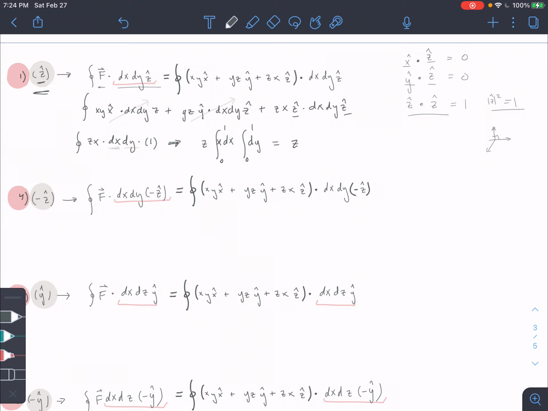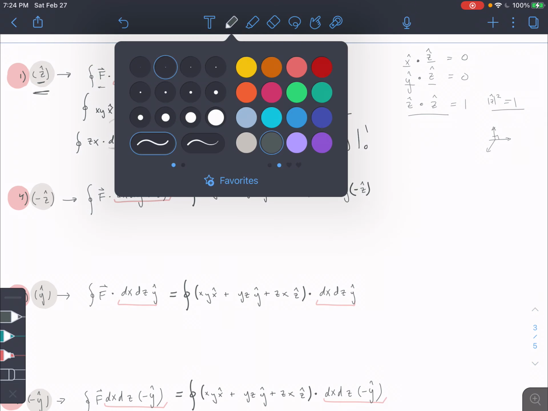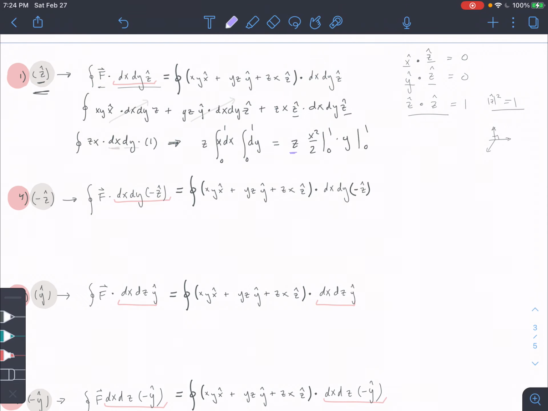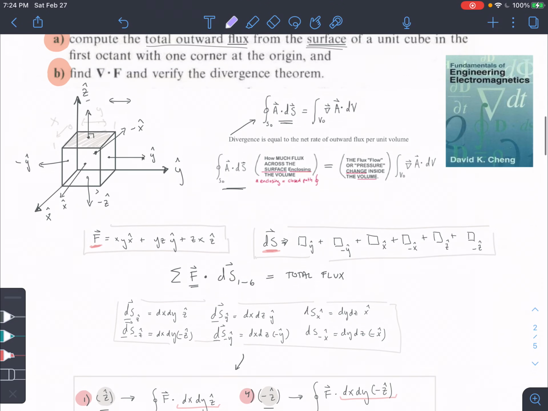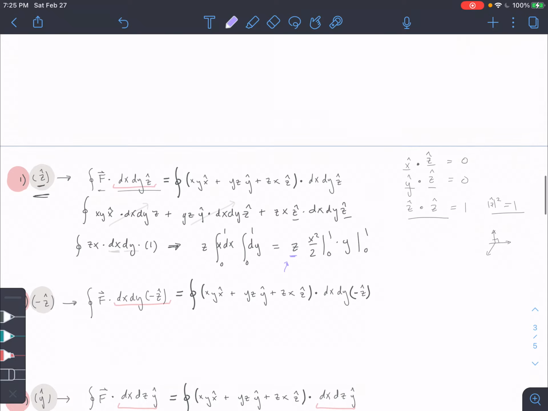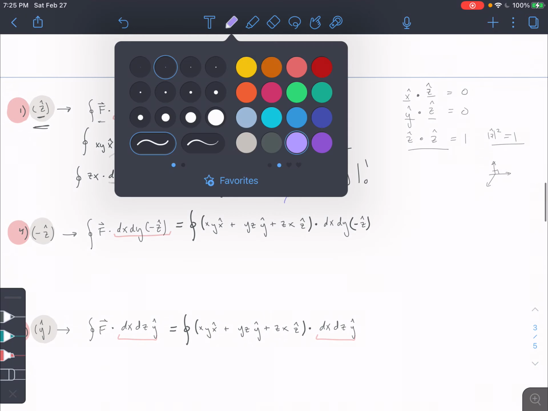So we have z, and we have x squared over 2 from 0 to 1, and then we have y from 0 to 1. Okay, so our z is a constant here, and it is important what that value is. So when we look here, our surface is located at z equals 1, right? So that's where our surface starts, so z equals 1. So we're going to plug in 1 for z on this part of the problem.